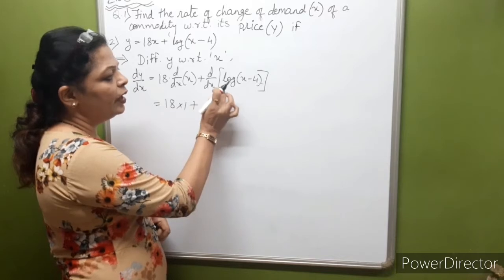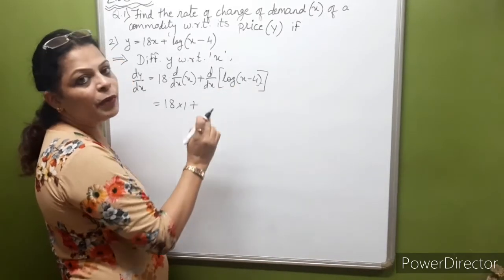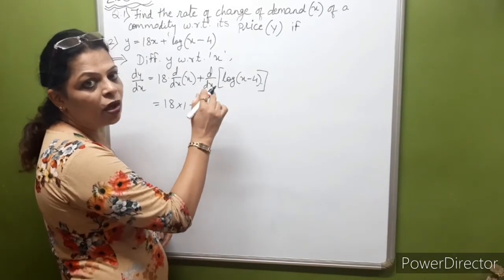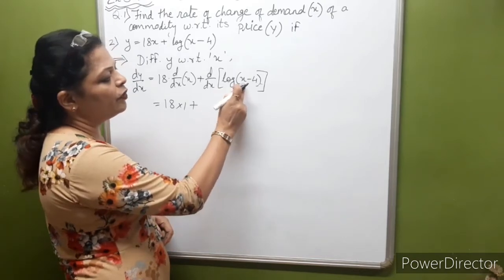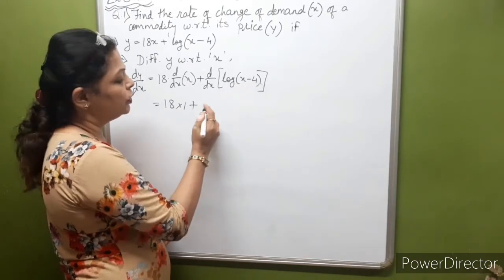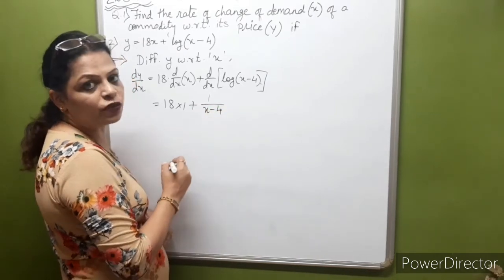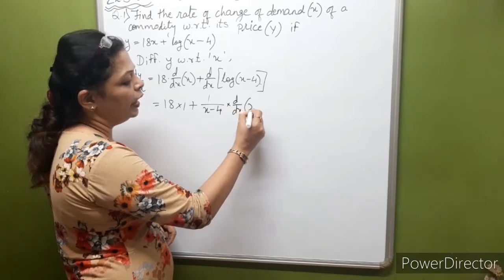First we will derive log function and into the derivative of x minus 4. So derivative of log x is 1 upon x. Now over here it is log of x minus 4.